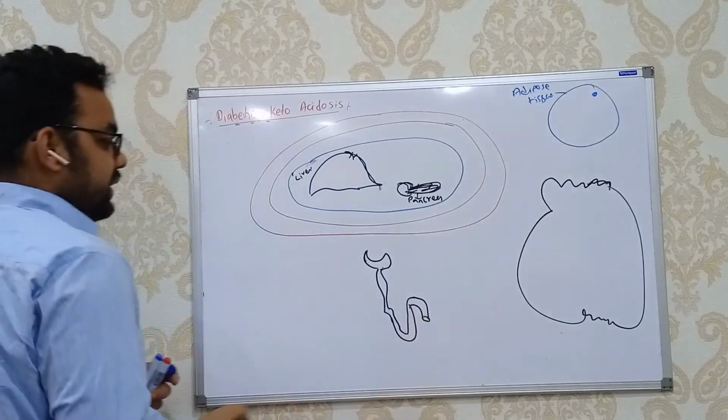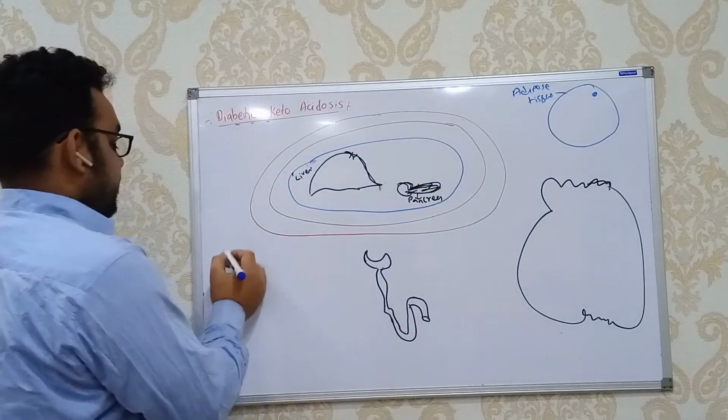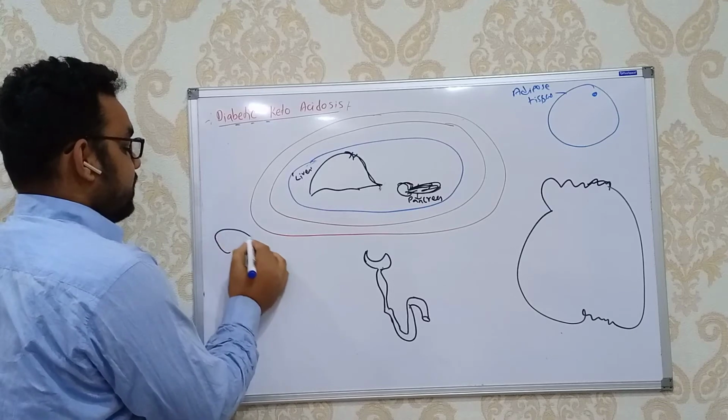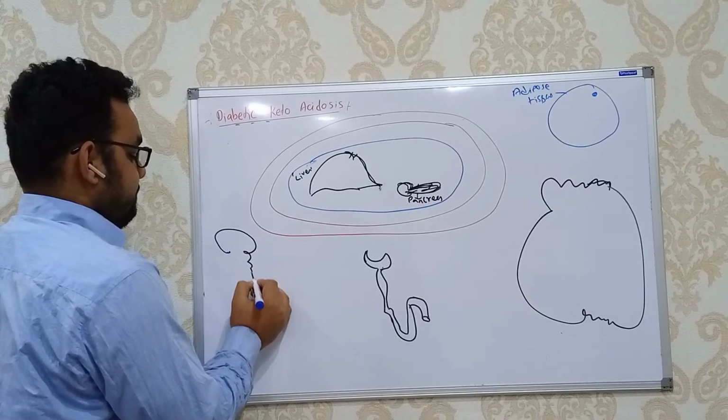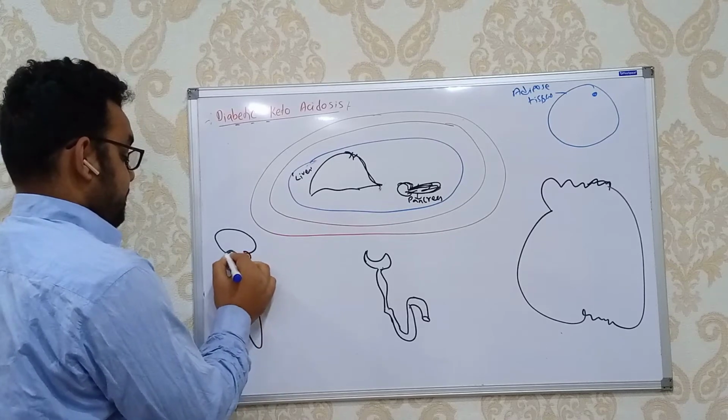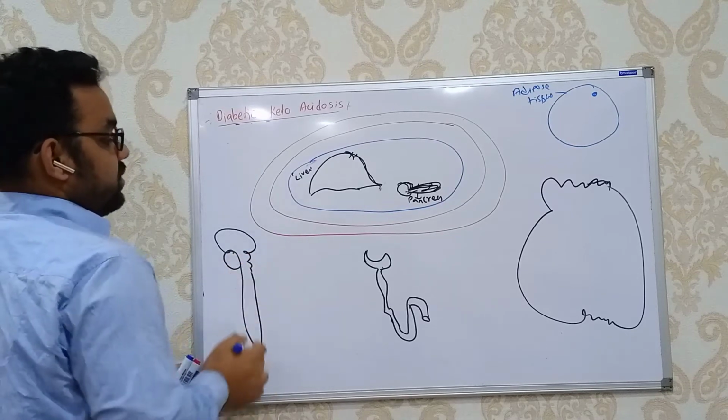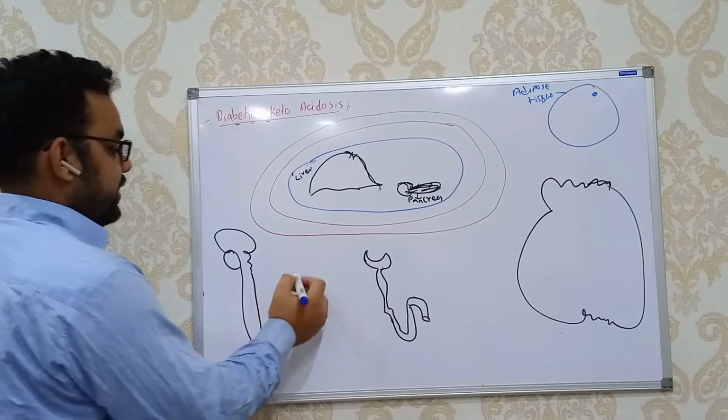Then I will draw the central nervous system, because all the organs are involved here. And I will also draw the GI system.